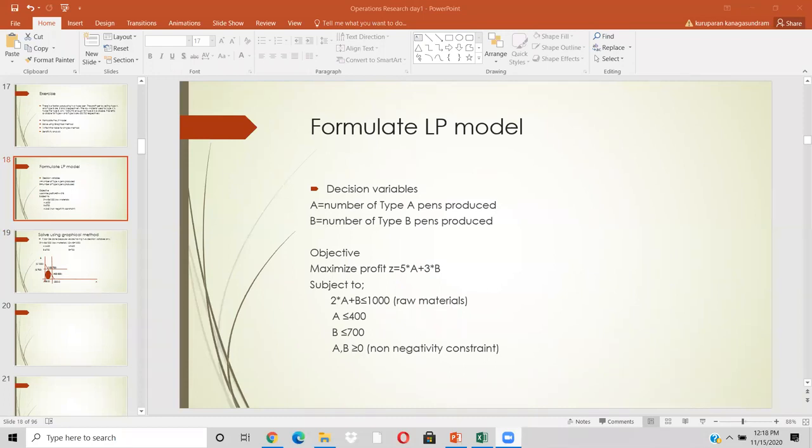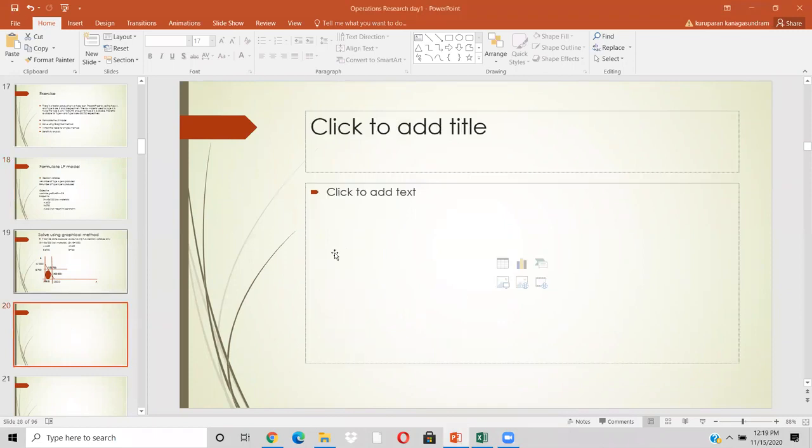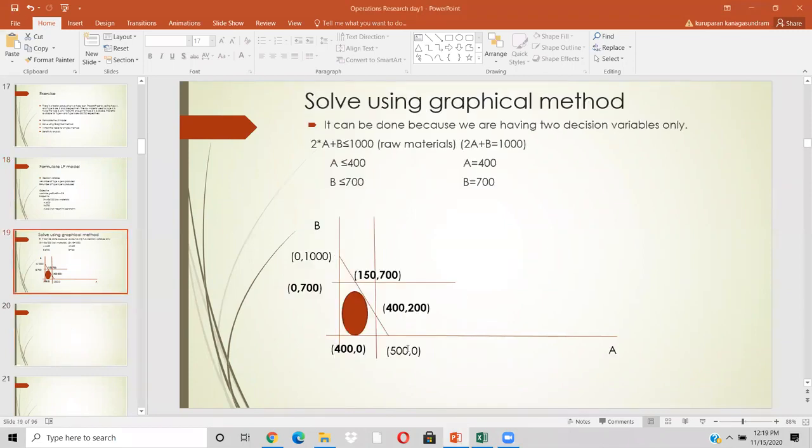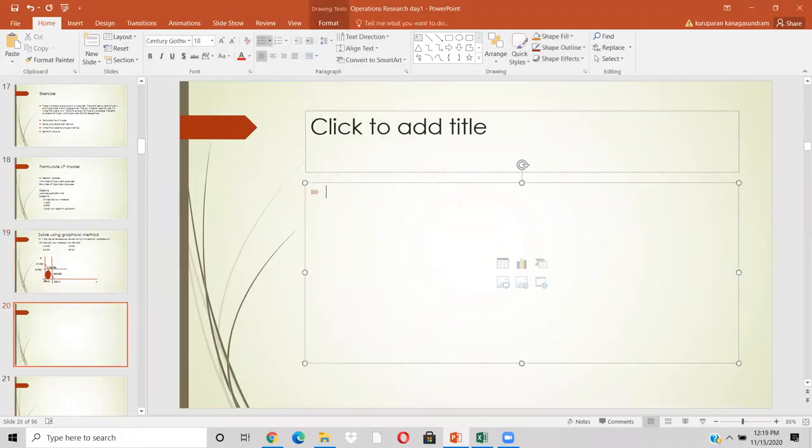That's why we say isoprofit line method. That's somewhat difficult to understand, I will explain it later. First of all, we only need to draw lines for constraints. No need to draw it for the objective. Then how to find the optimum solution?